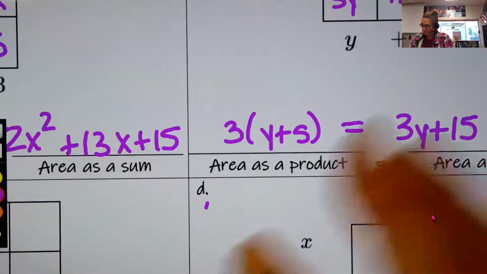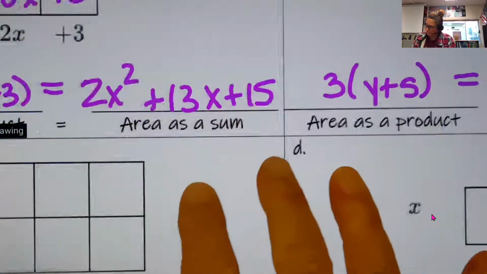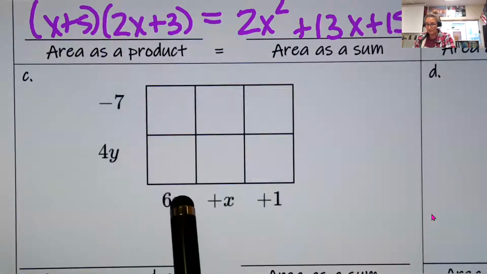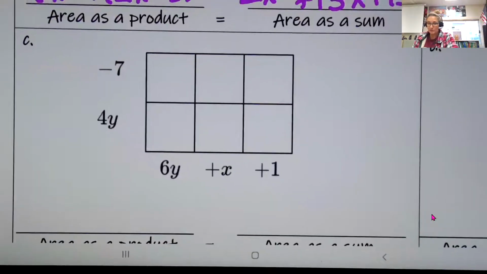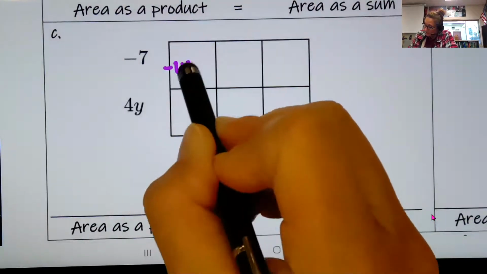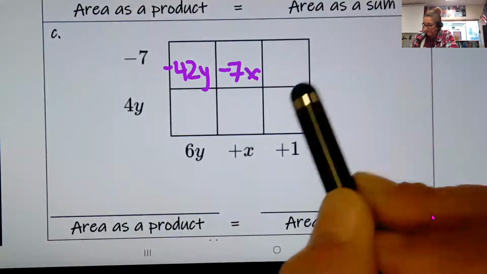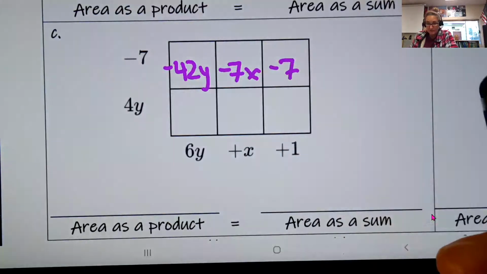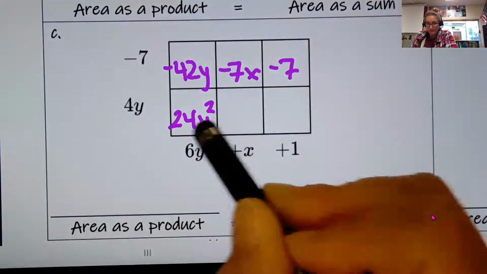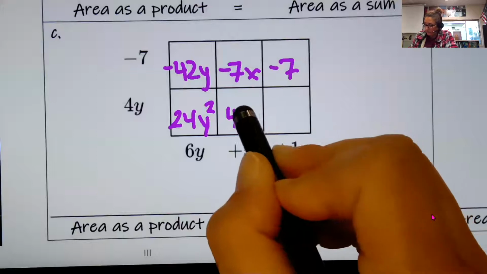Now, the next one. My -7 is going to be multiplying with these 3, and then my 4y. -7 times 6y is -42y. -7 times x is -7x. -7 times 1 is -7. 4y times 6y is 24y squared. 4y times x is 4yx, or I usually write it alphabetical, so 4xy.